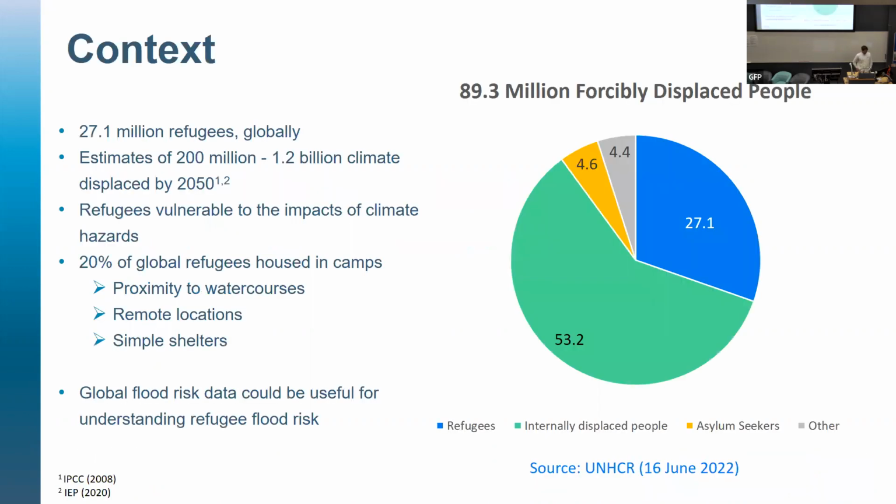I'll start by putting the project into context a bit. As of June this year, there were nearly 90 million forcibly displaced people globally. Over 30% of these were refugees.